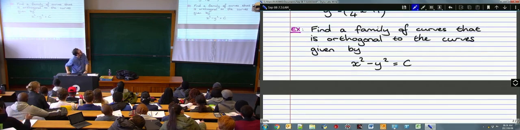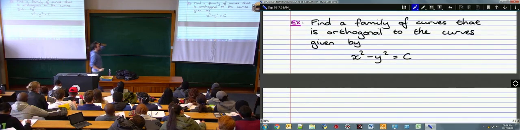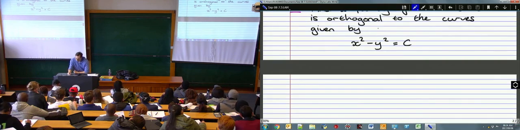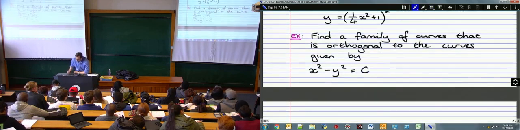Right? Okay, so find a family of curves that's orthogonal to the curves given by this over here. Let's actually just quickly draw a picture. We can maybe get a sense of this. I'm going to just push this over to the side and see if I can fit it in over here.